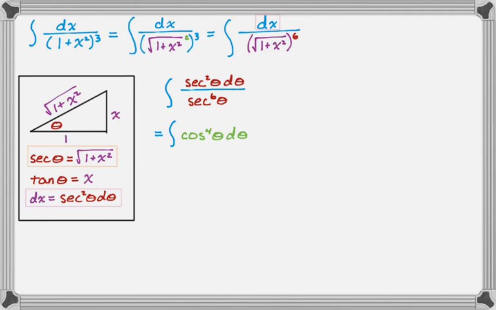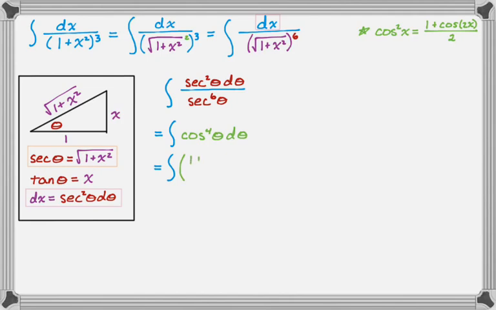Okay, so now I need to know what to do with cosine to the 4th. If you have an even power of cosine, you usually want to use the power reducing formula, and that looks like cosine squared of x is 1 plus cosine of 2x all over 2. So I'm going to use the power reducing formula because I have cosine squared, squared.